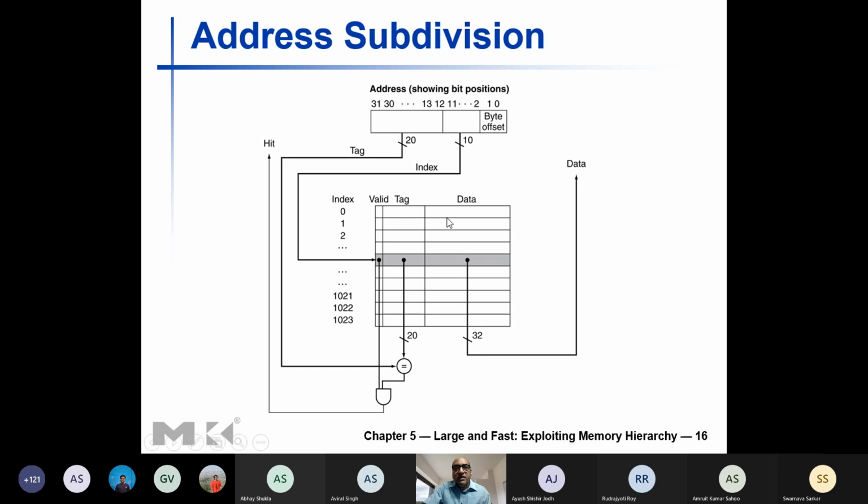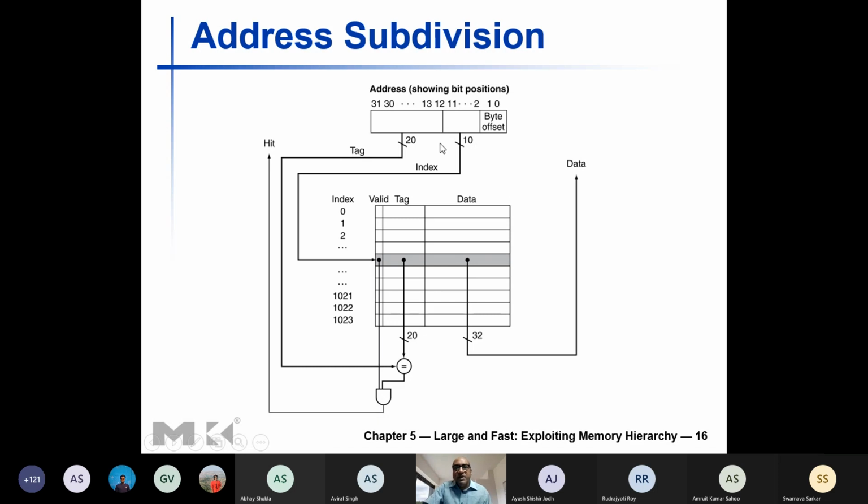This is the way the cache is accessed by the CPU, checking where the data is and whether the desired data is present in that location, using the tag and valid bits.